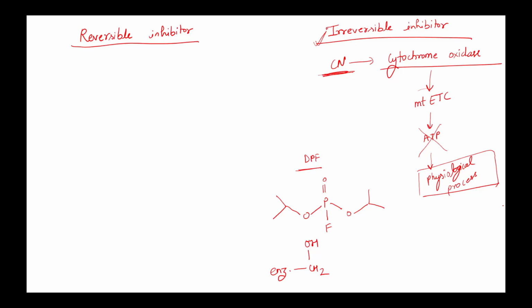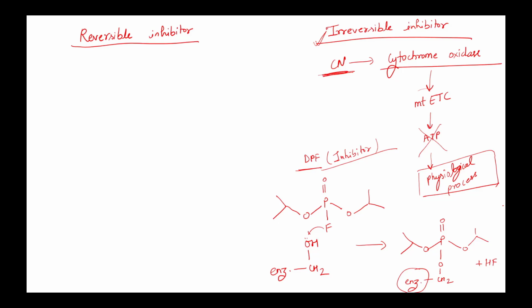This fluorine attacks the lone pair of the oxygen and binds and makes the structure. So now this functional group of the enzyme, which is CH2OH, is lost after binding with this DFP inhibitor. So this is a permanent damage to the active site of the enzyme, leaving this enzyme non-functional.